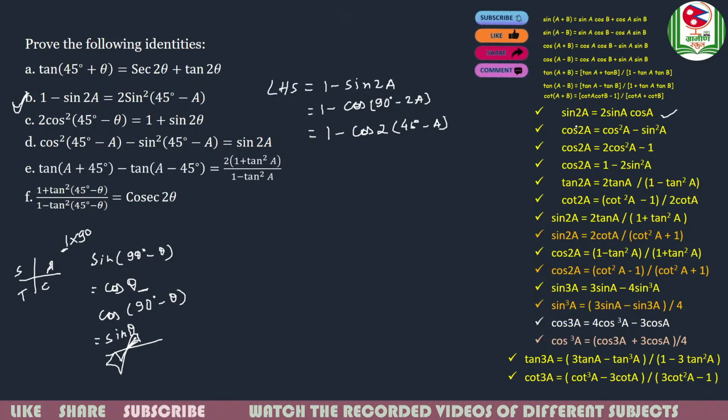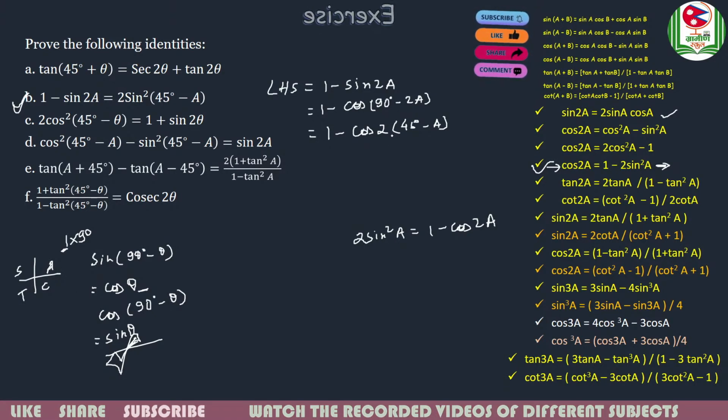So let us see here. The result is 2 sin square. So which formula will we apply? This formula: cos 2a equals 1 minus 2 sin square a, and from this we can write 2 sin square a equals 1 minus cos 2a.